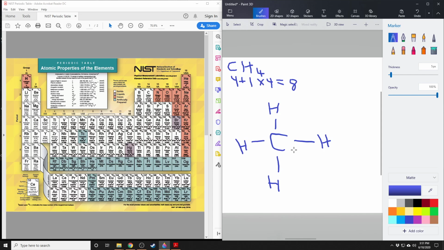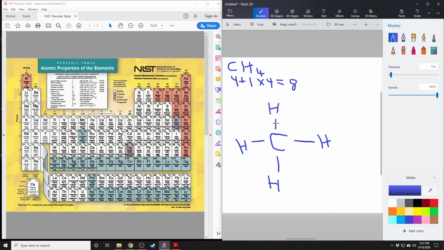That's why we're doing the bonding. So carbon needs 8 electrons to fill it up. That's 2, 4, 6, 8. See there? We have 8. How can we tell this? Well, it is in period 2, which has 8 electrons possible to fill it up. That's what that 8 is right there. All right, now, so carbon needs 8 electrons filled up.